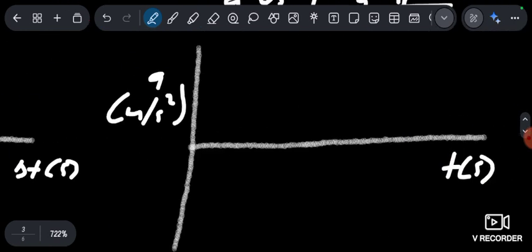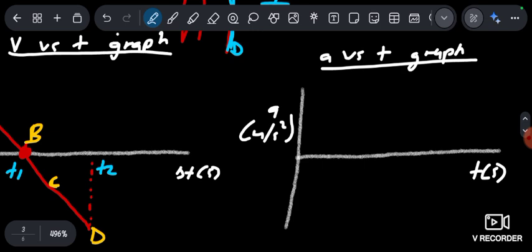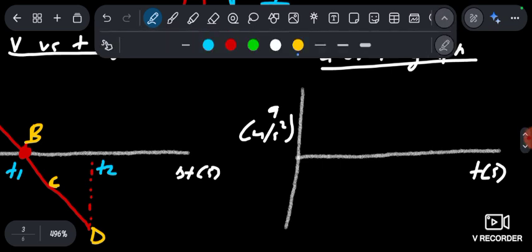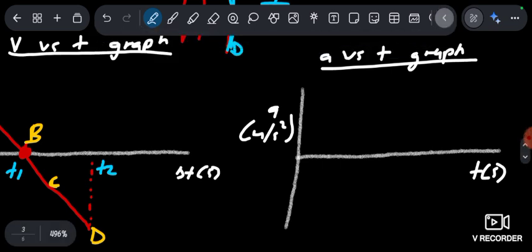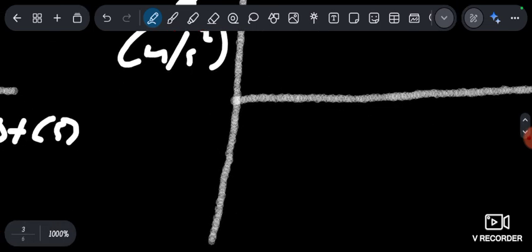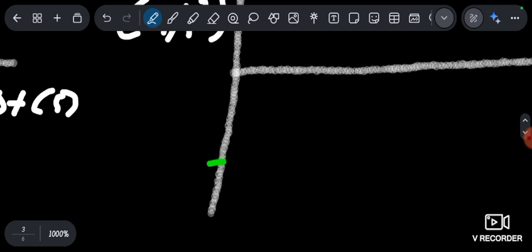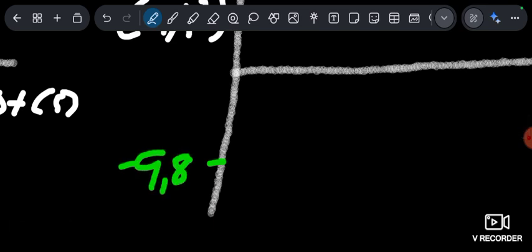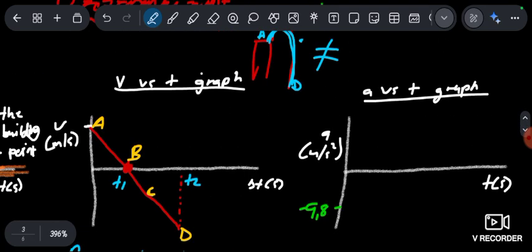Now, this one, I said I'll show you that it always stays constant, right? Let me prove to you. What did we choose as upwards? We chose upwards as positive, so meaning that downwards is negative. So we have negative 9,8. Why?